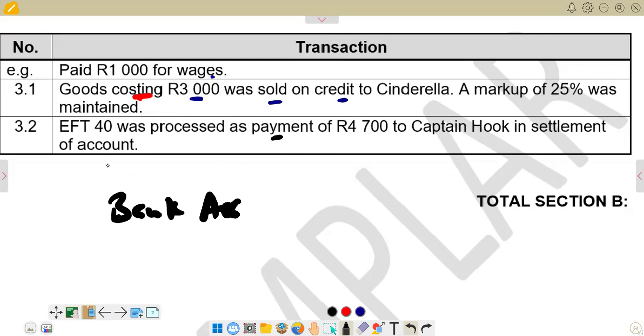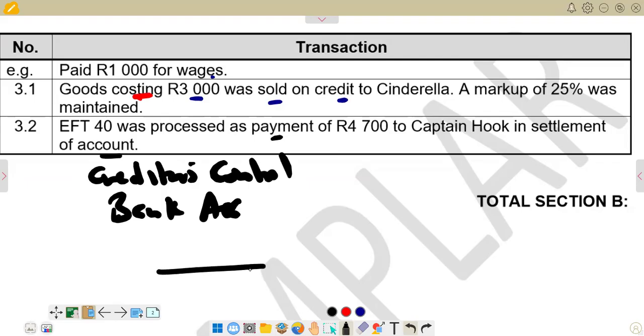Remember, whenever we have the term account, it means that this person was a creditor to us. So obviously the other account that is going to be affected is creditors control. It means we are paying our supplier, our creditor.